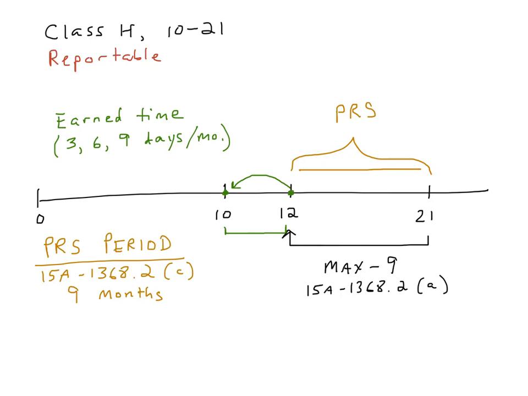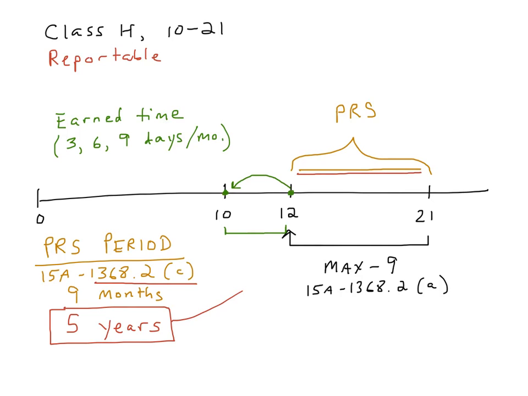But there is a difference in the way the sentence is served. Under 15A-1368.2(c), the period of post-release supervision for a Class F through I reportable offense is 5 years. So the person is on post-release supervision for 5 years with these 9 months hanging over their head during the full 5 years.